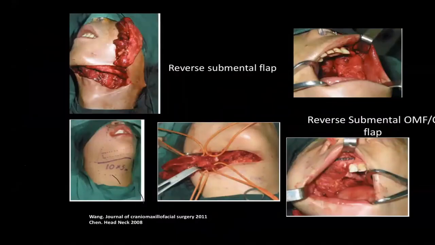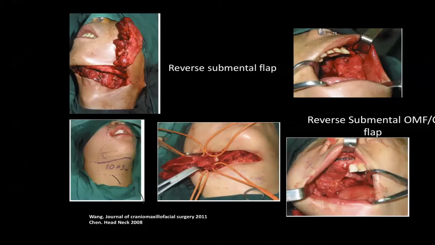Now, as I mentioned to you, there are reverse submental flaps. So the normal submental flap is perfused by the direct flow from the facial artery into the submental vessels, and the facial artery is connected to the external carotid. Now, if you ligate the facial artery from the carotid end, and if you have intact superior labial and inferior labial arteries, through cross circulation, the upper stump of the facial artery can still reliably perfuse the flap.